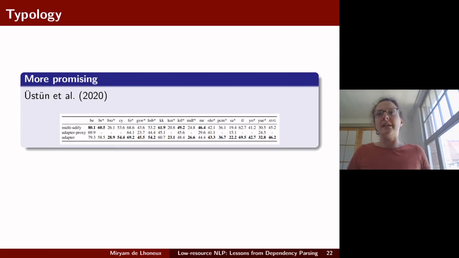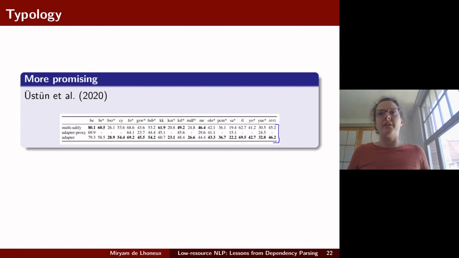Now, as we can see, although the results are pretty consistently improving, the overall gain is still not extremely extensive, and it's not enough to mitigate the gap. Going from 45.2 to 46.2 still gives you a parser that is relatively useless.